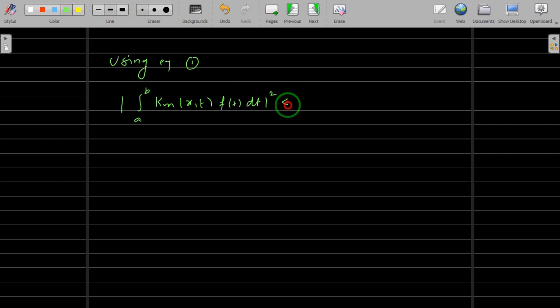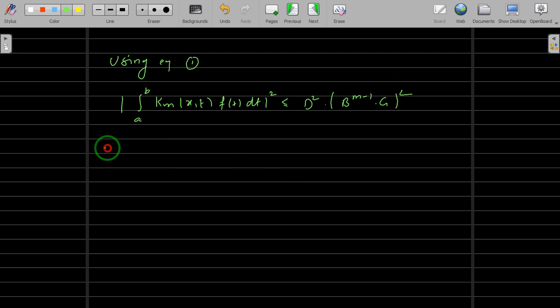This entire thing will be less than or equal to that d square that was there, and then your HCM just now we have calculated, it is b raised to m minus 1 into c1 the whole square, right?